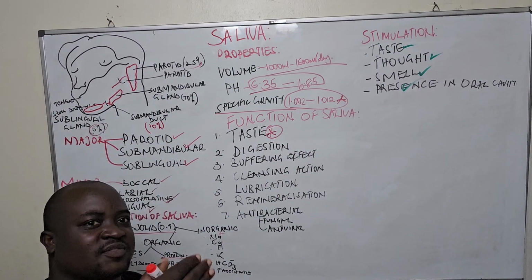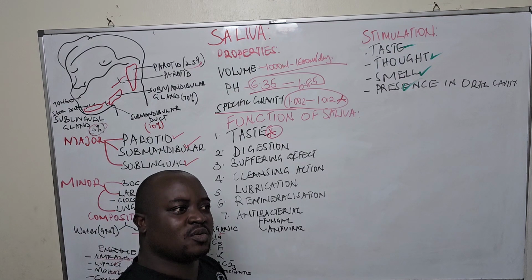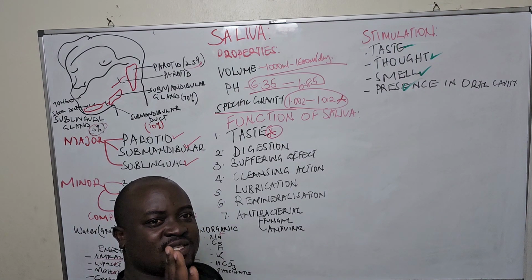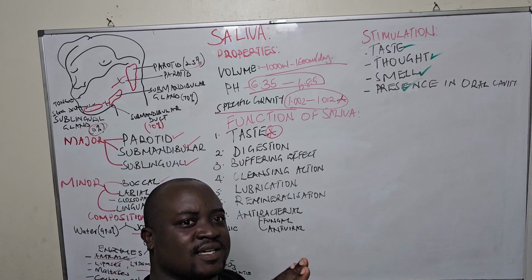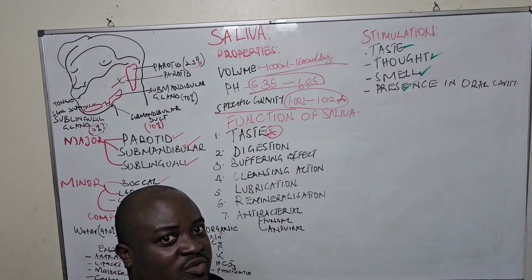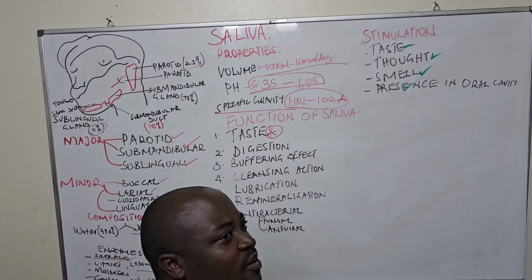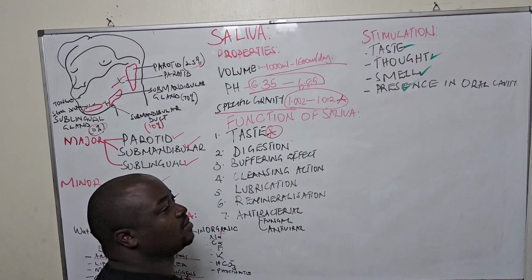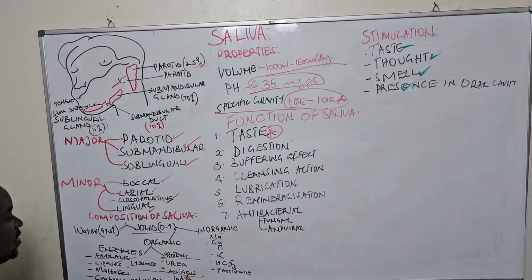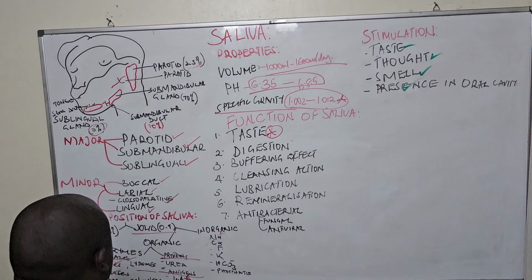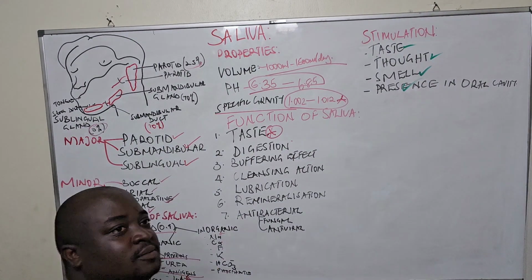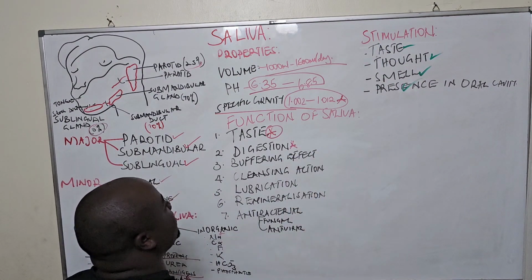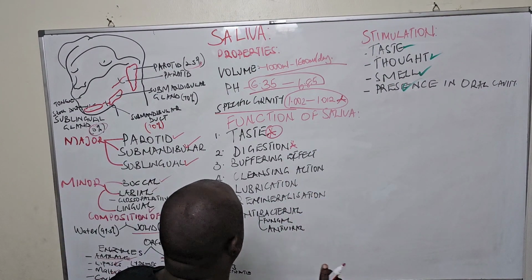Because it moistens the food, and the food is able to go on the papillae, and the papillae is now able to taste whether this is salt, sweet, sour, depending on what we talked about, depending on the papillae of the what? Of the tongue. We have digestion. Because of what? The enzymes we have talked about. The amylase, lipase, and others. Majorly, digestion is very important.